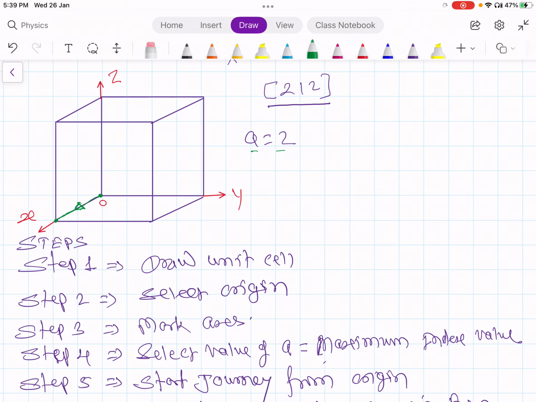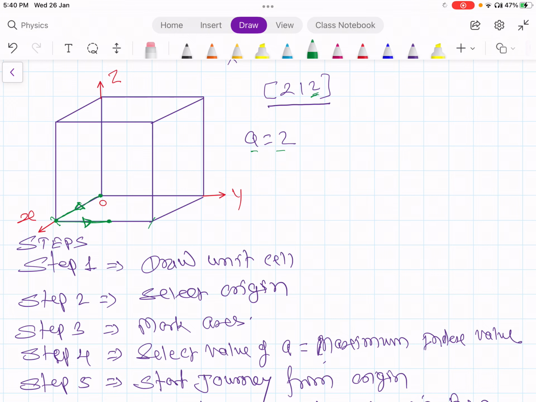Then from this point we have to move a distance 1 along the y-axis. The total distance from here to here is 2, so let's say up to here the distance is 1. You got this point. And from this point you have to move distance 2.